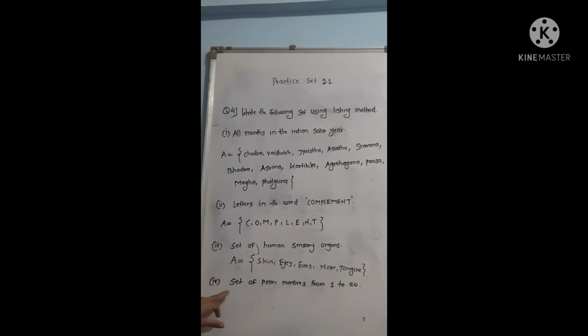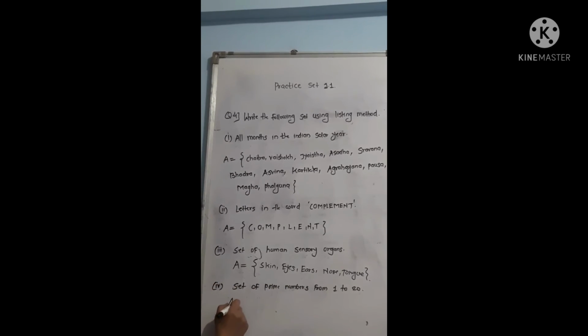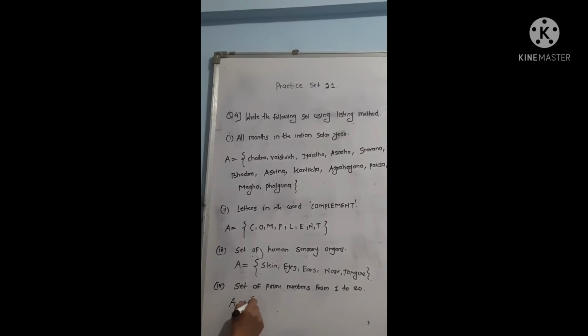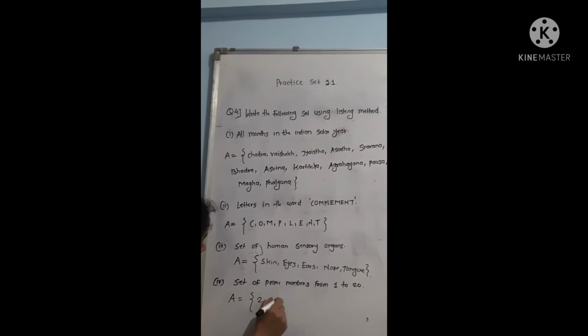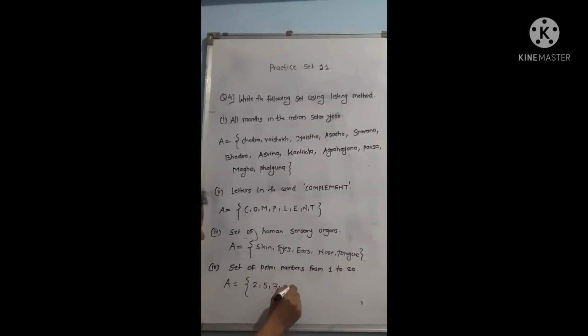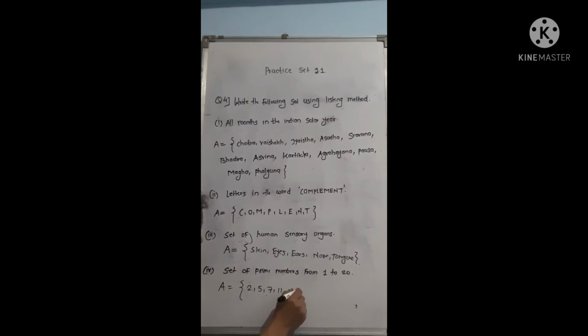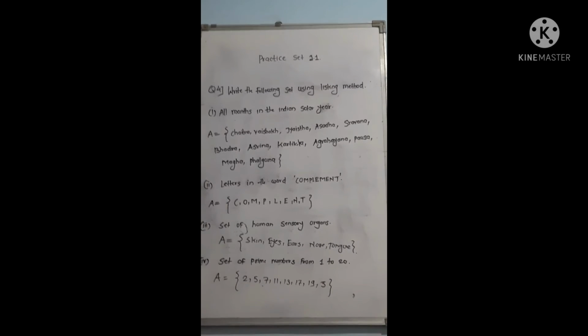Then fourth one, set of prime numbers from 1 to 20. So A is a set of prime numbers from 1 to 20, means 2, 3, 5, 7, 11, 13, 17 and 19.